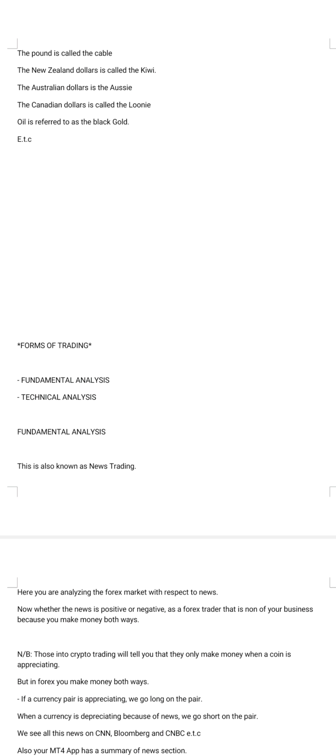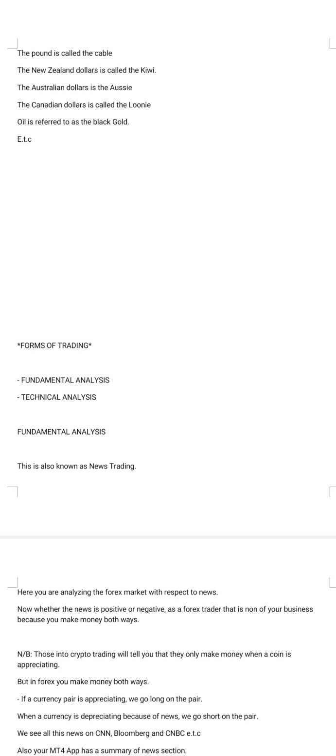or financial reports they bring out at different times, sometimes in a month, sometimes in a week, sometimes in a day. Their central bank brings out news on interest rates and different financial policies being made, and some of these policies affect the movement of price in the forex market.